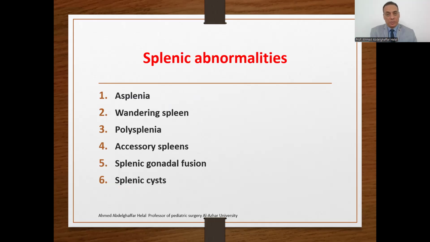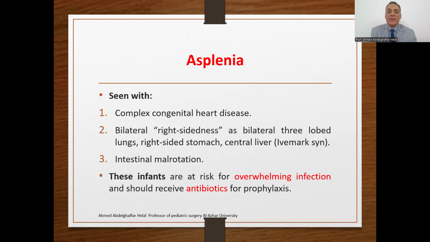Splenic abnormalities. Pediatric surgeons should be familiar with the splenic abnormalities. We may face conditions called asplenia, wandering spleen, polysplenia, accessory spleen, splenic gonadal fusion, and also splenic cyst. Asplenia means no spleen.